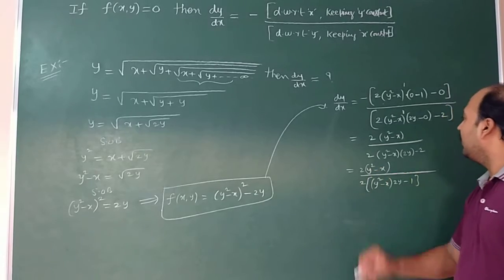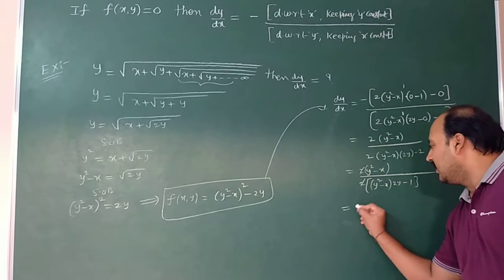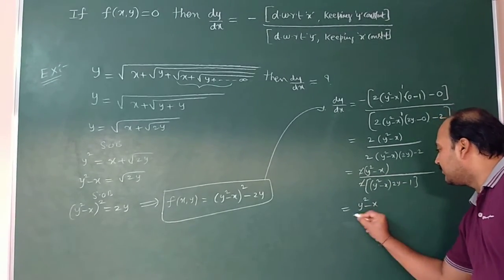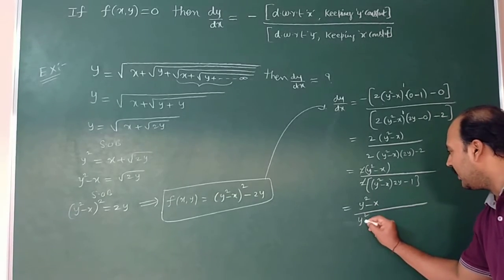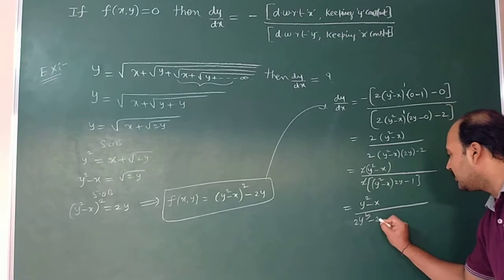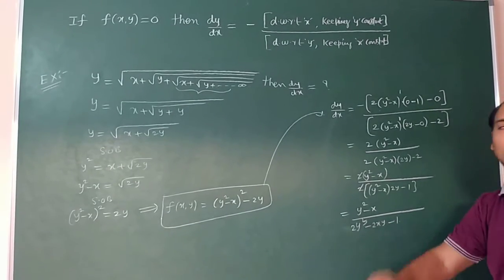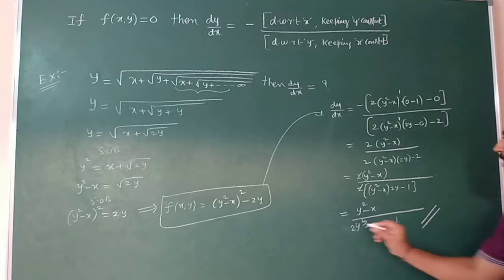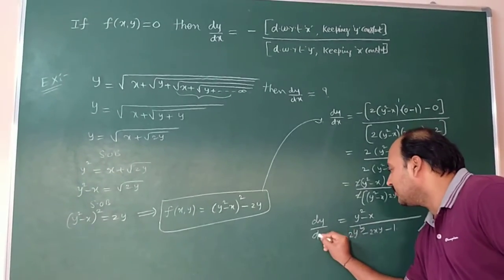Here also 2 take common, 2 get cancelled. (y square minus x) divided by y square into 2y, that is 2y cube minus 2xy minus 1. This is the answer for this given question.